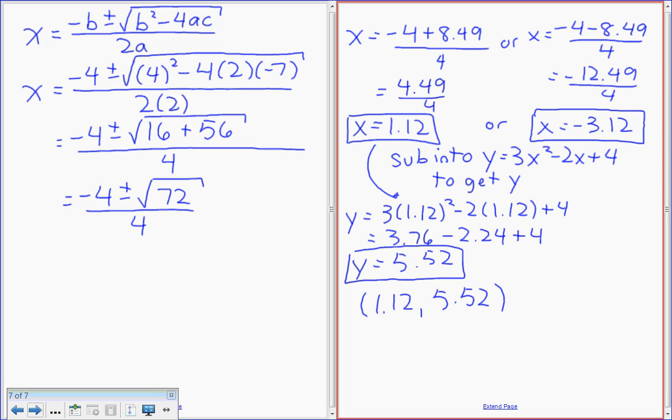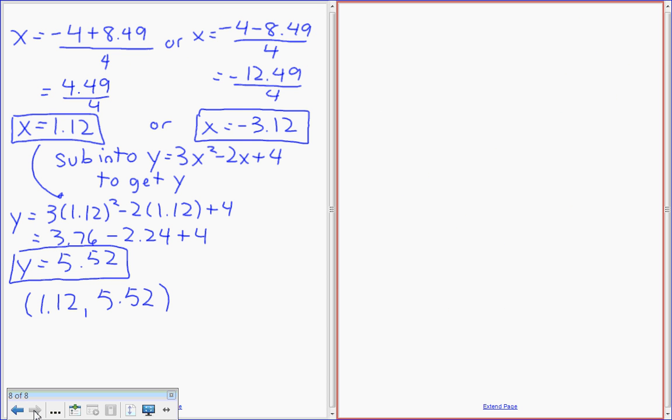Times that by 3, you get 3.76. 1.12 times negative 2 is negative 2.24 and plus 4. Okay, I'm going to do the same thing with the other point. I'm going to say y equals 3 times negative 3.12 squared minus 2 times negative 3.12 plus 4.